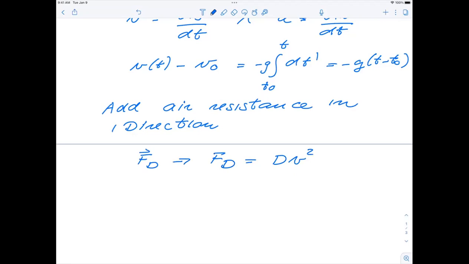It could be like that if v is large, and whatever we define as large is something which depends on the experimental situation. Or we could have something which goes like a new constant, which we're going to call gamma, multiplied with v. So we can have something which depends on the square of the velocity, or something which simply depends on the velocity. And this is typically a phenomenological formula if v is small.